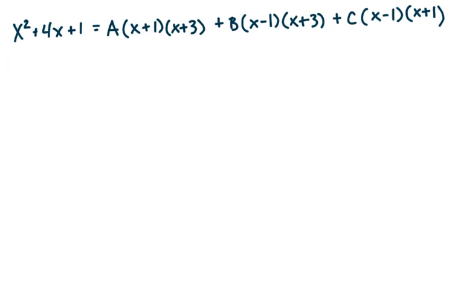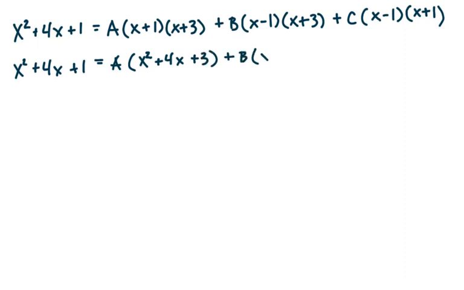So if I FOIL each of those pairs, I've got x squared plus 4x plus 1 equals a times x squared plus 4x plus 3, plus b times x squared plus 2x minus 3, and plus c times x squared. I have 0x, I'm going to write that in as a placeholder, and then minus 1.